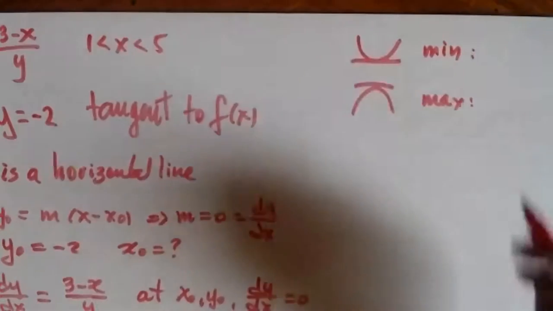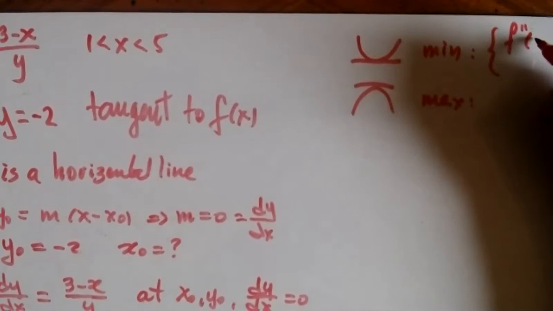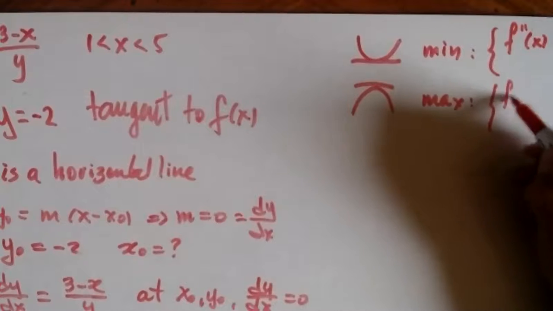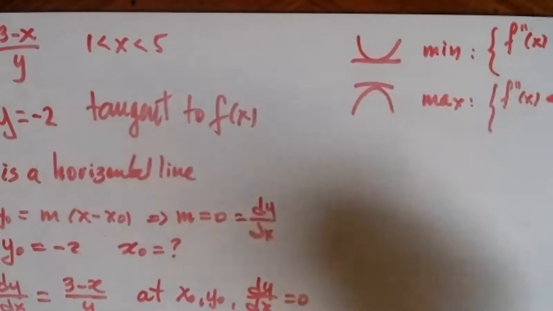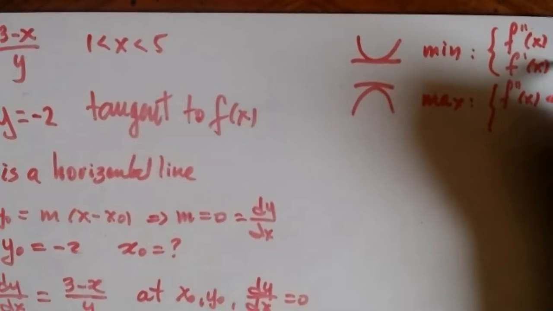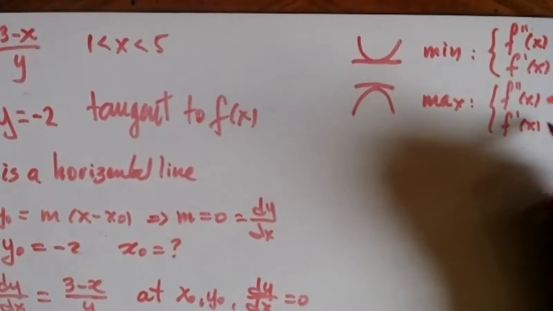And you know that if f double prime of x is positive it is a min; in this case f double prime of x is negative, or the first derivative changes from positive to negative.